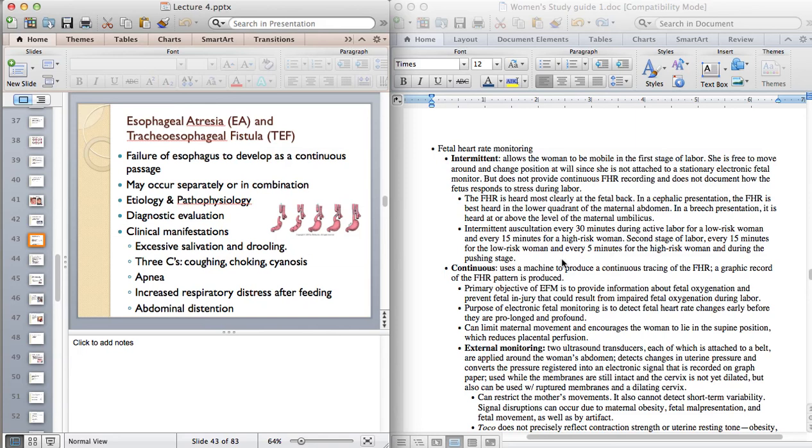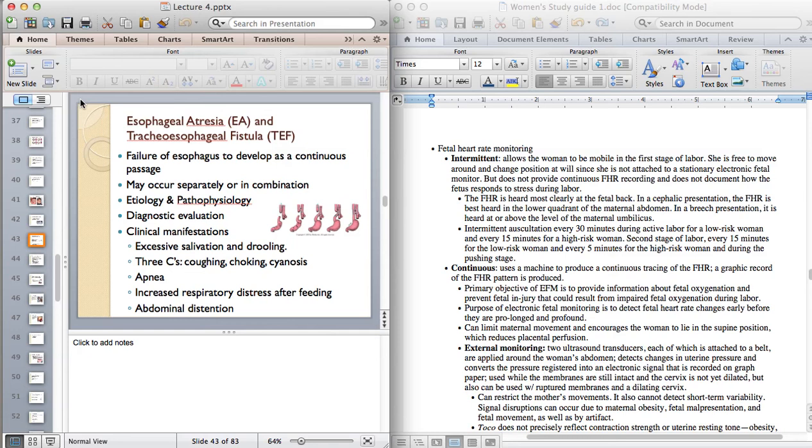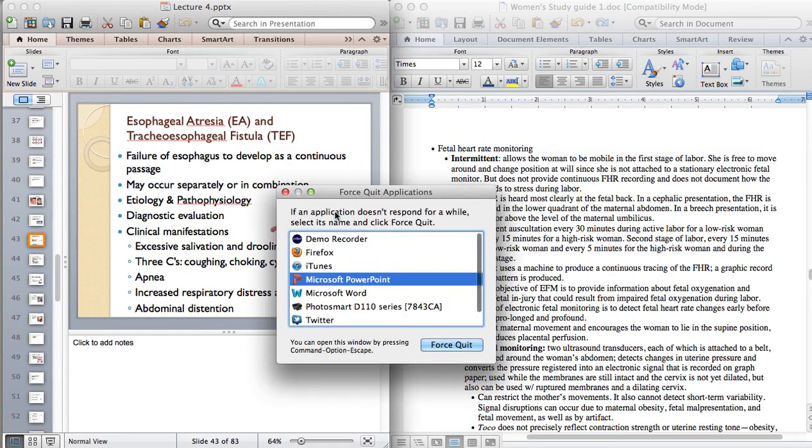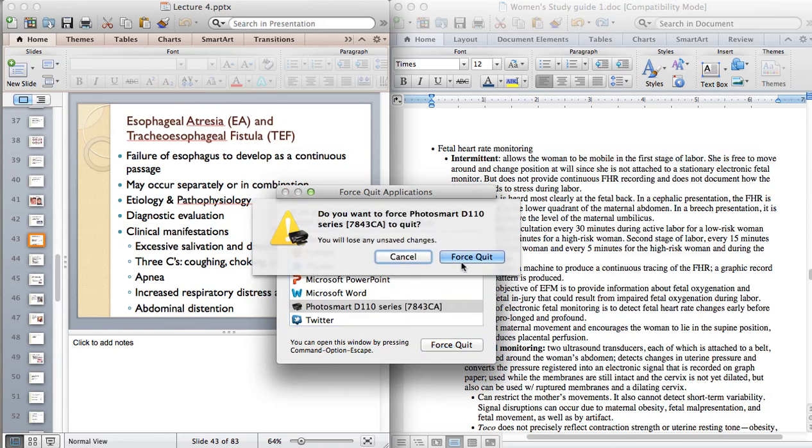These are all possibilities of things that can happen. Okay, and this one, with the repair, they have to do a colostomy also until the anal opening is closed, so you have to do a colostomy for 7 days.